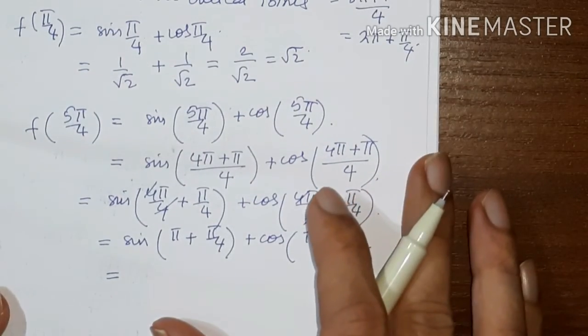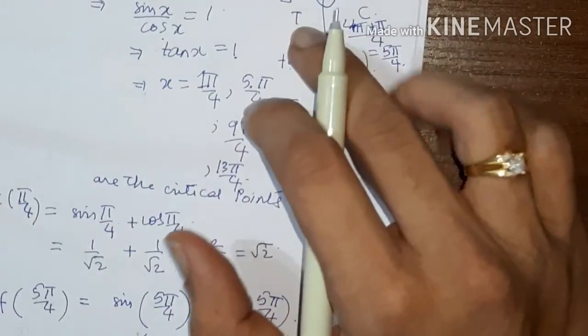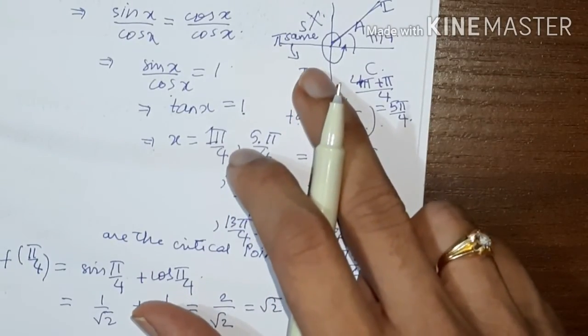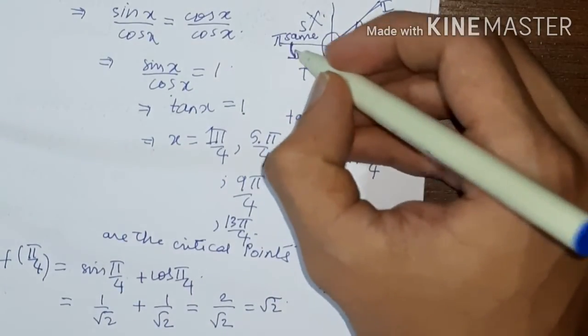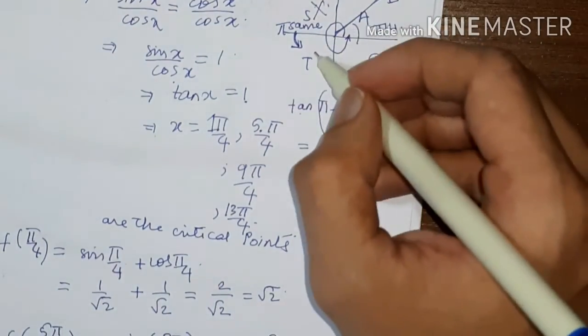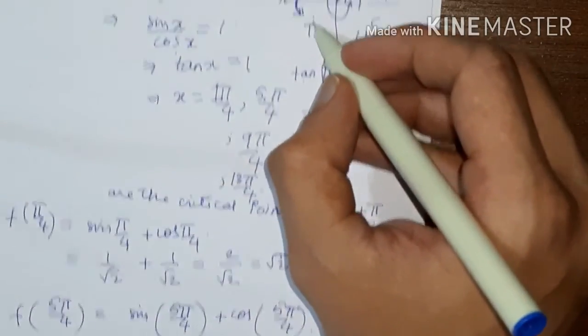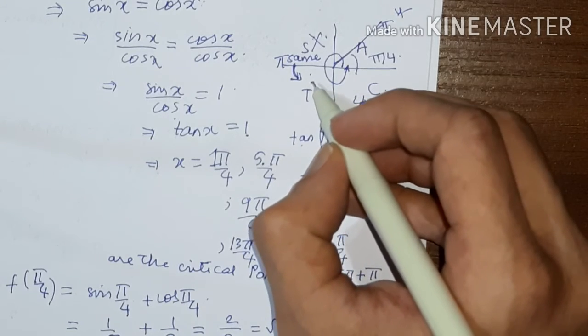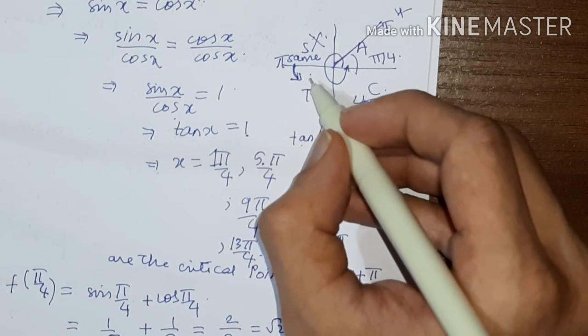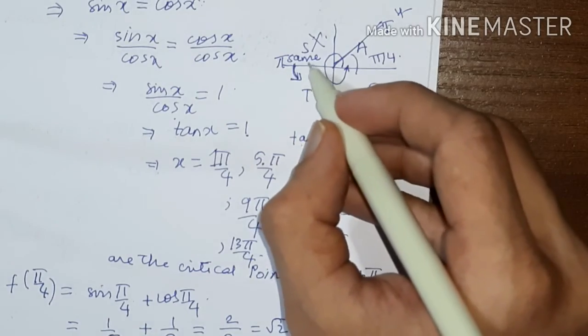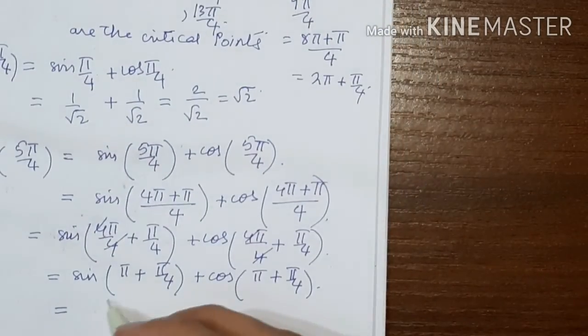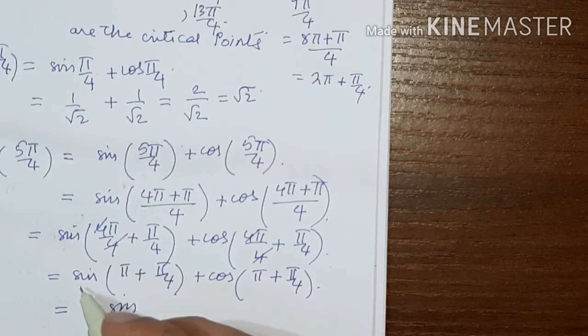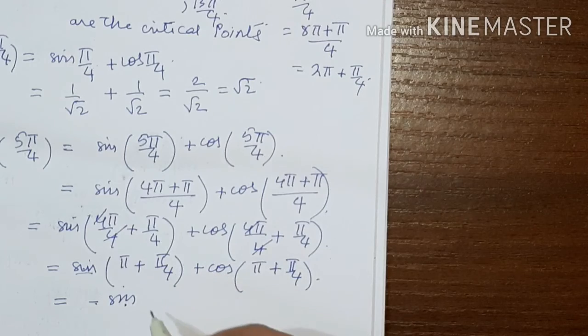Now we have to check. You go to the third quadrant, because pi plus pi by 4, you are going in the third quadrant. In the third quadrant, both sine and cos are negative, and the ratio remains the same. So what you will get here? Minus sine, since sine is negative, the ratio remains the same, and the theta without its sign, so simply minus sine pi by 4.